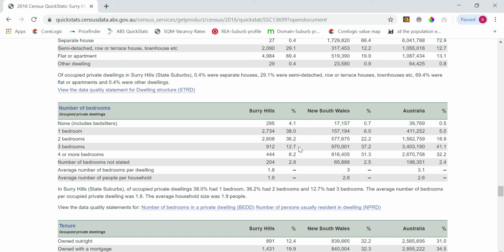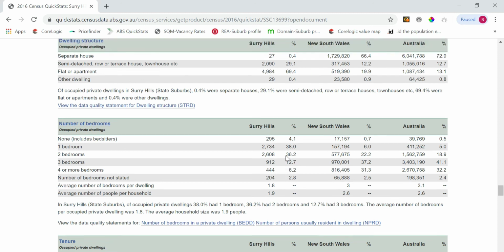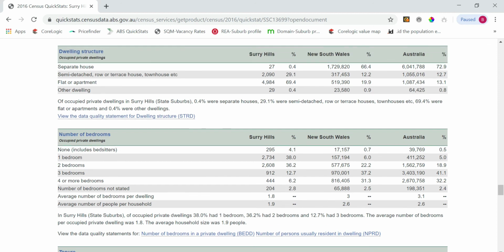But it's also telling me that four or more bedrooms are very, very few. So if I'm combining these two bits of information, that flats and apartments are about 70%, and within that, one bedrooms and two bedrooms dominate, that makes complete sense.